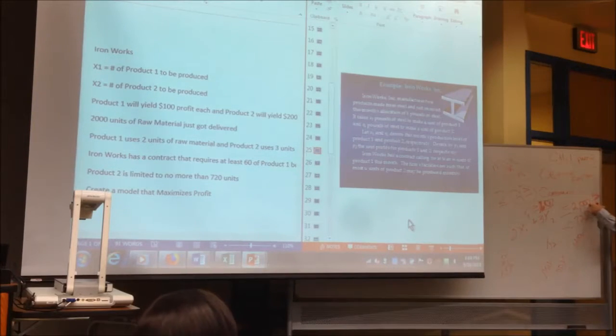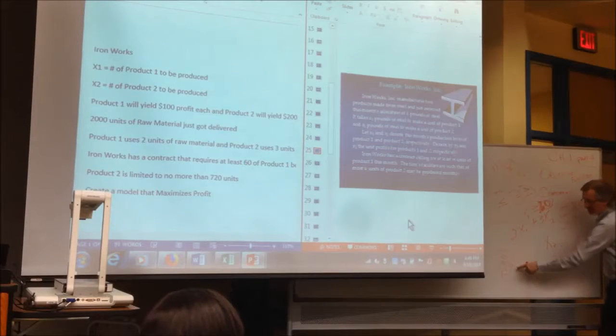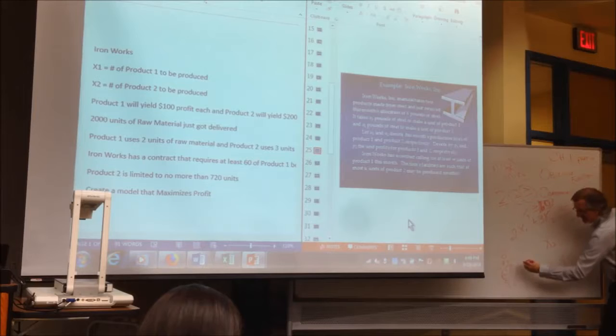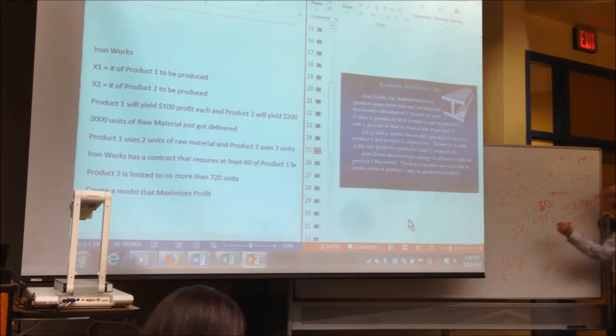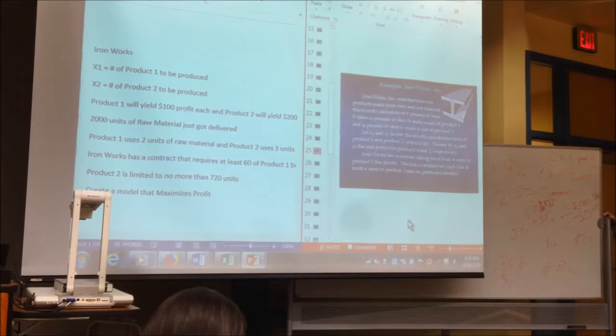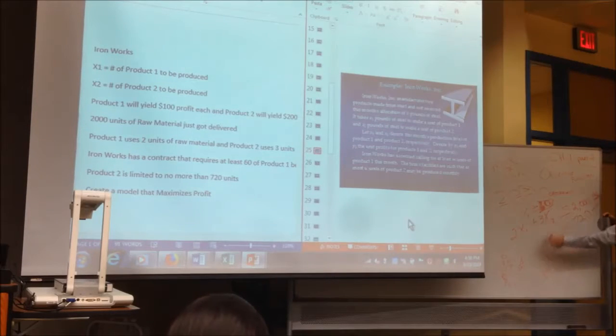We have 2,000 units of steel, and that's 120 units. I subtract that from 2,000, and that's 1,880 units still left. How many units will product 2 use? 3? Divide that by 3, somebody, and tell me what you get. 626. So I'm probably going to make 626 of X2.